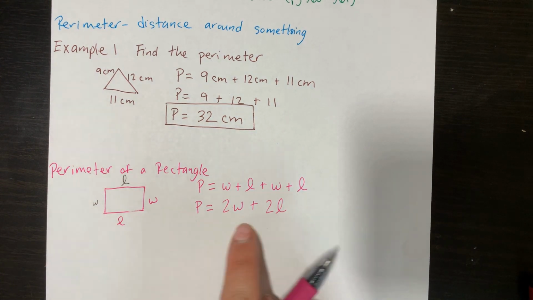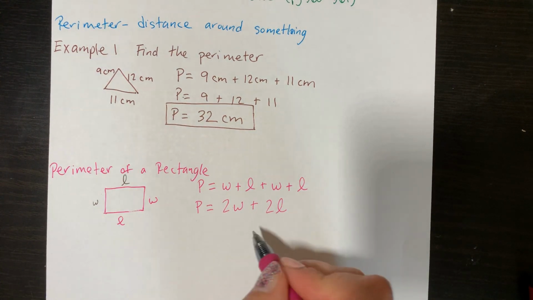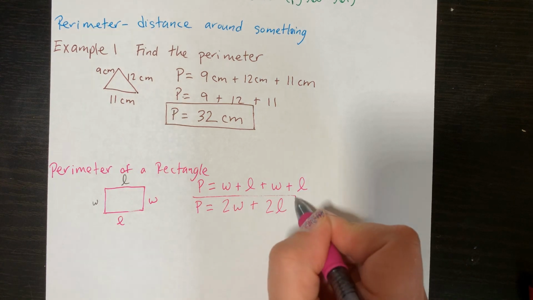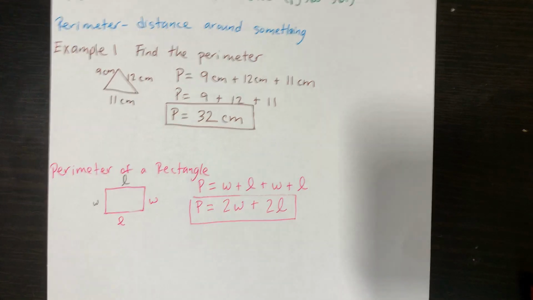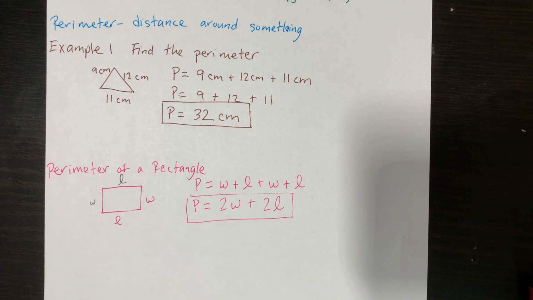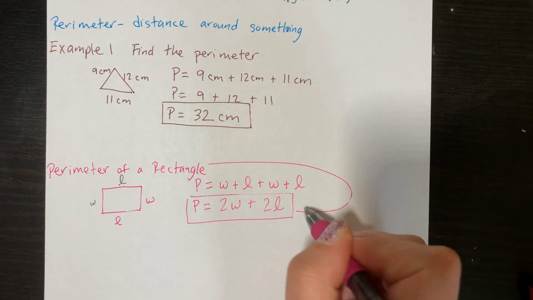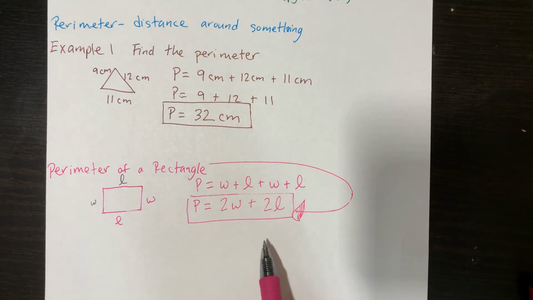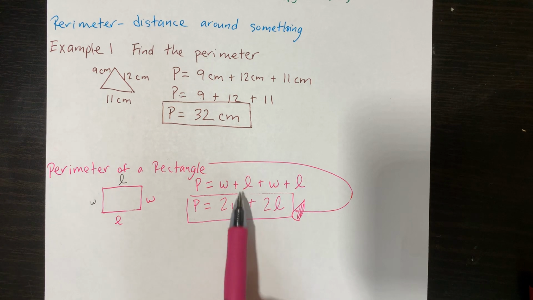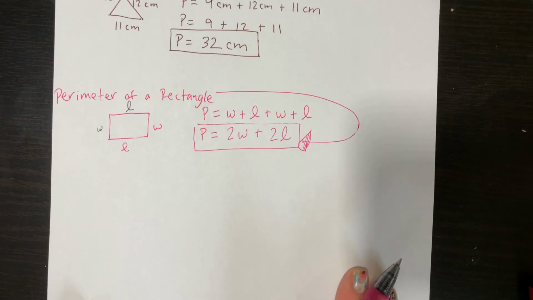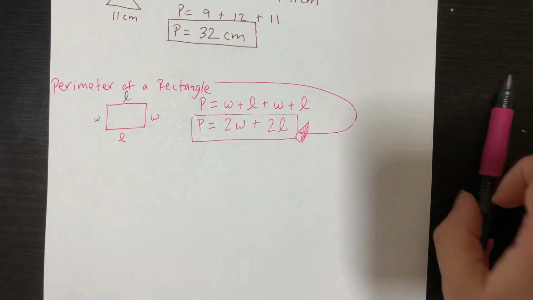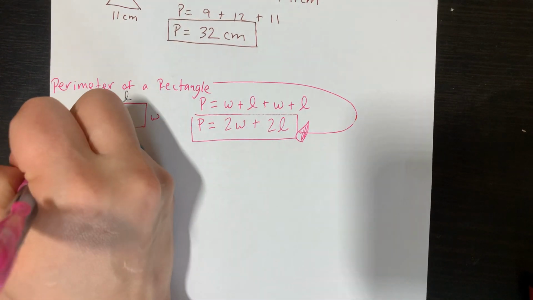So this is a special equation for, I'm going to put a circle around it, a box. This is a special equation for perimeter of a rectangle. Okay, so for perimeter of a rectangle, you can do it either way. Both work. All right.